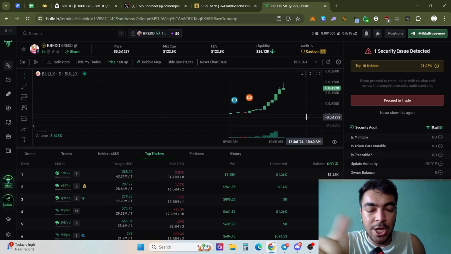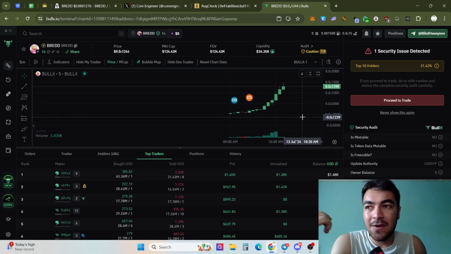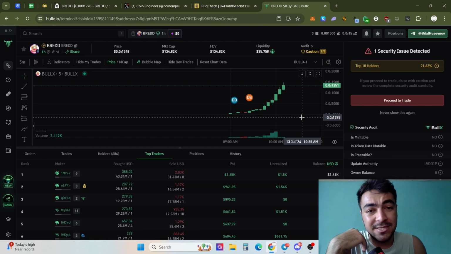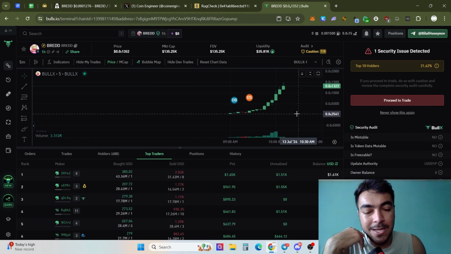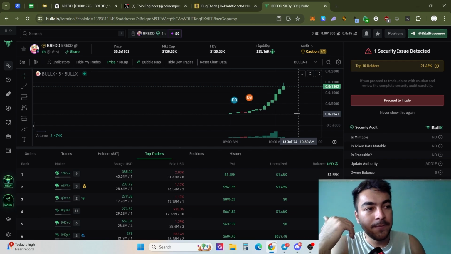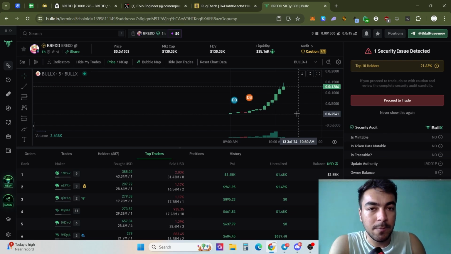That's why we need to check a lot of times, because we spend our money, and our money means our decisions. We need to spend our money to buy, to swap, to trade meme coins, so we need to check again and again and again.